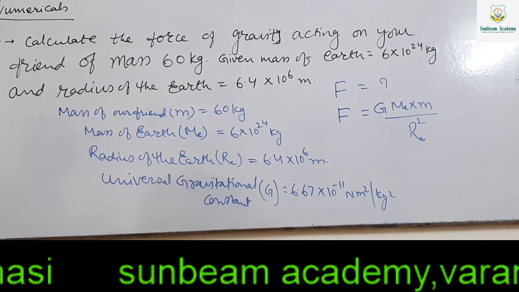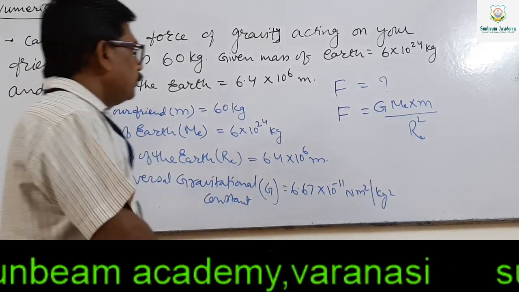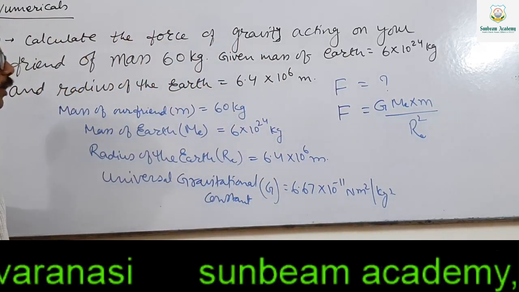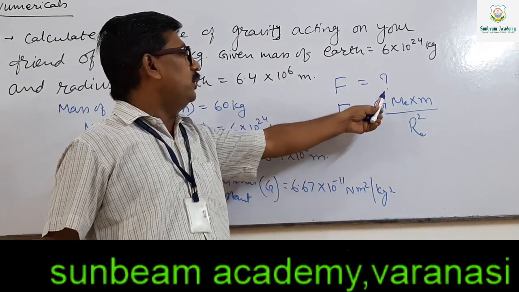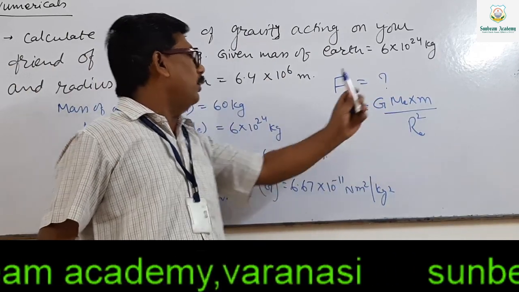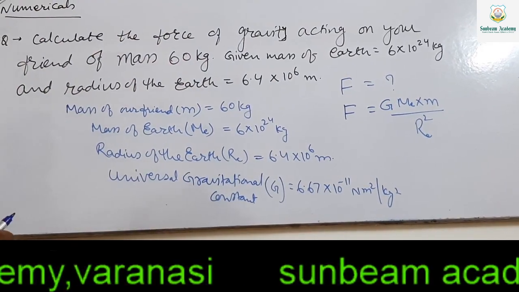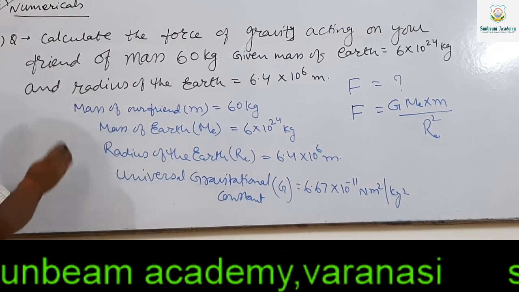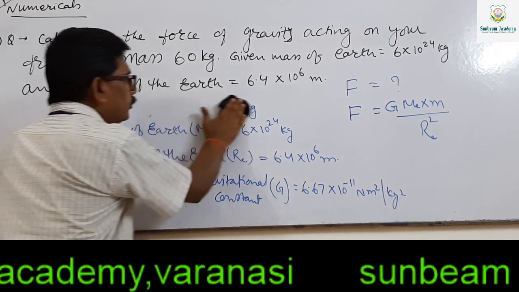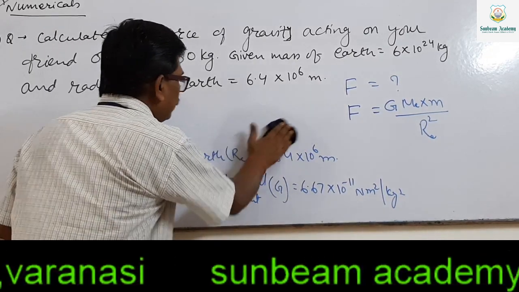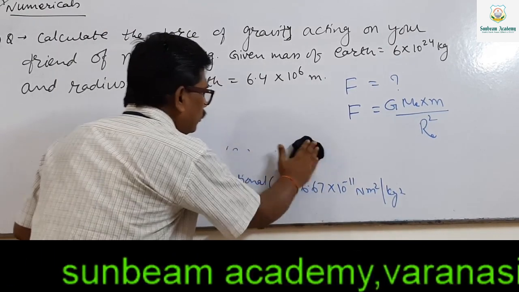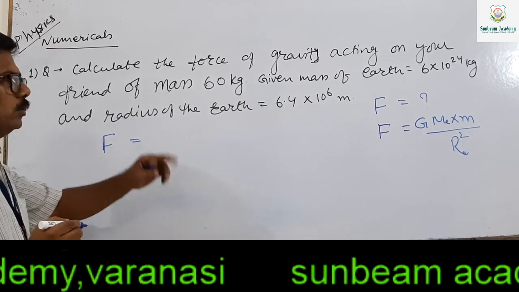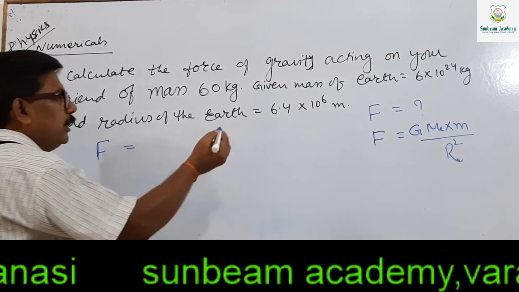Now, what you have to do? You have to simply put the values in the formula. F is equal to G into ME into m upon R square to calculate the force of gravity. Let us see. F is equal to G ME into m.